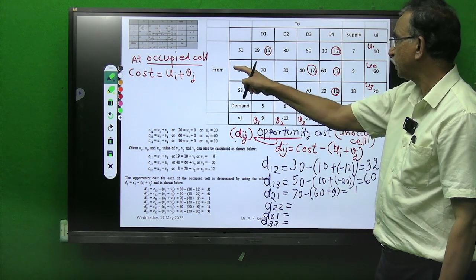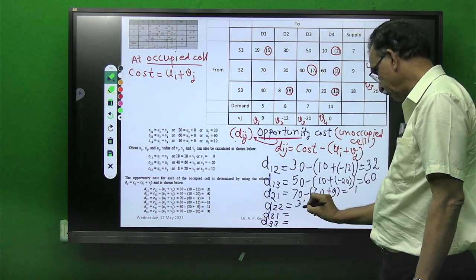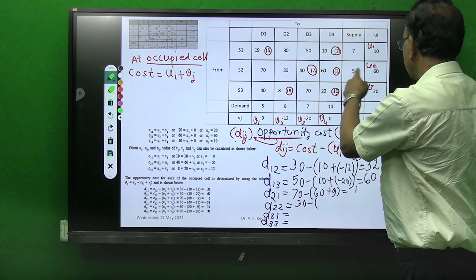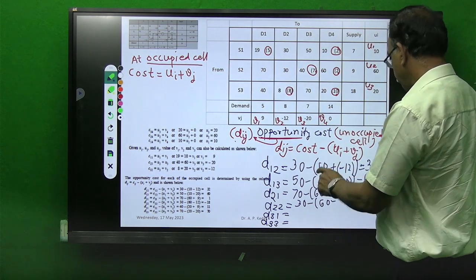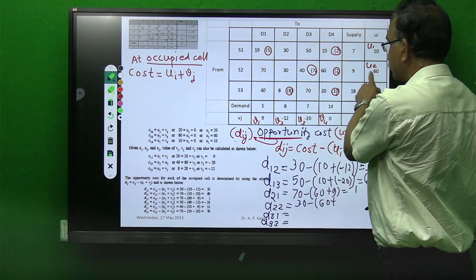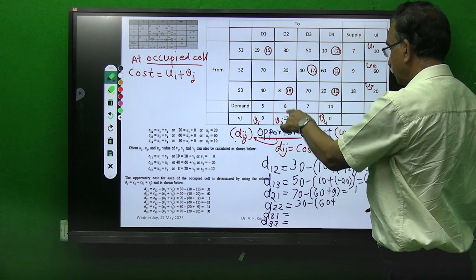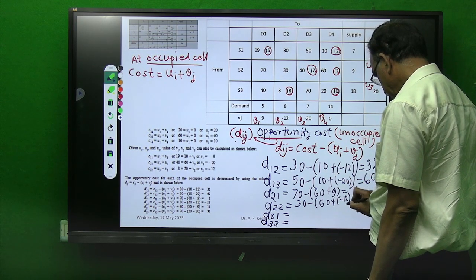Similarly, now for D22, cost is 30 minus, for this 30 U2 is 60 plus, for this 30 it is minus 12.